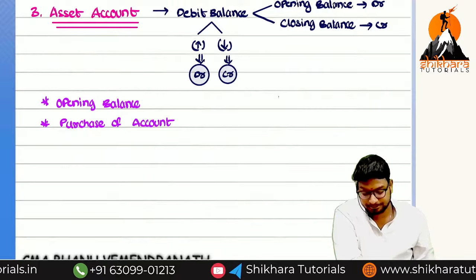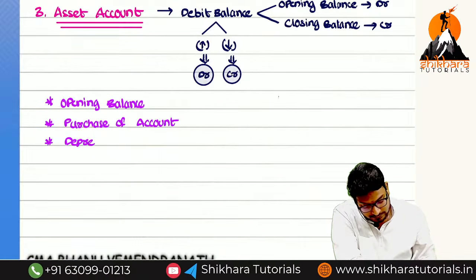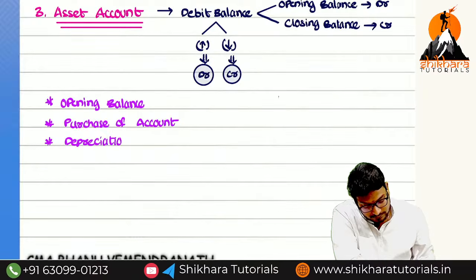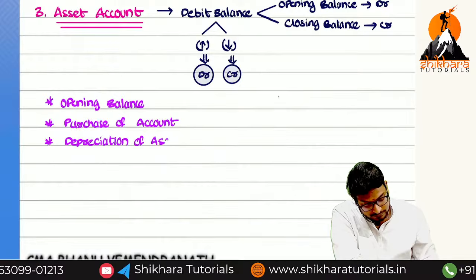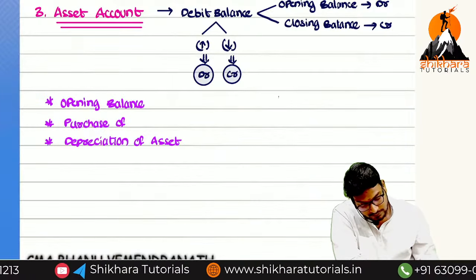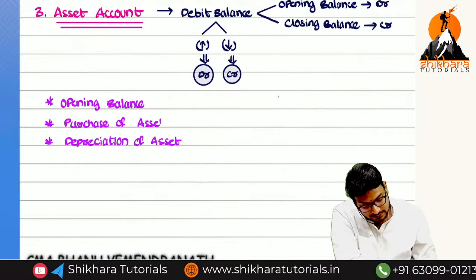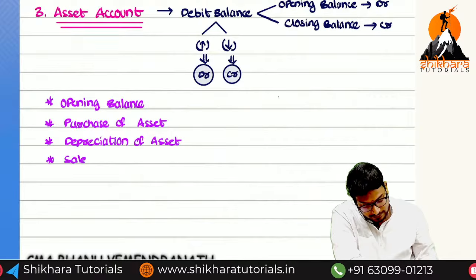Next one? Depreciation of asset. Purchase of asset and depreciation of asset. Next one, sale of asset.